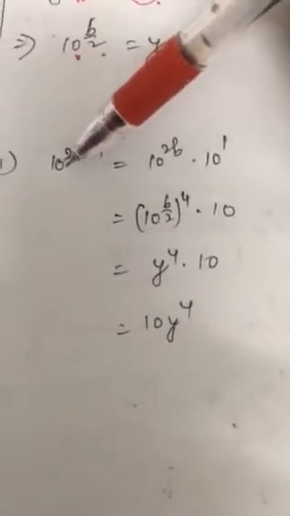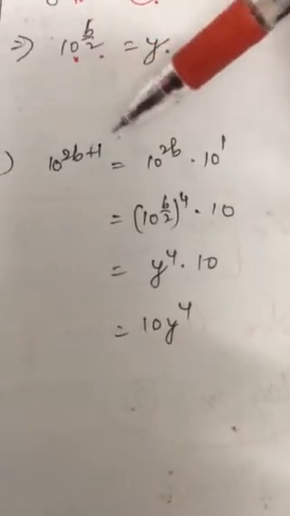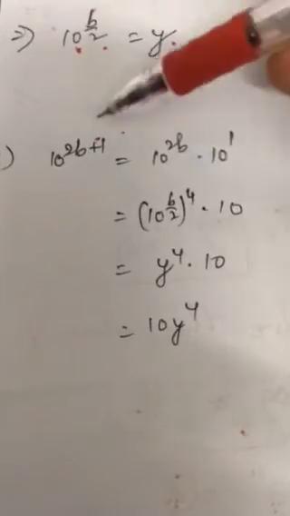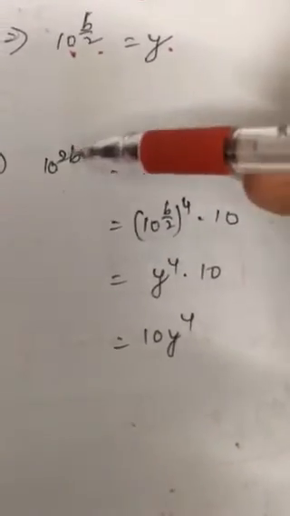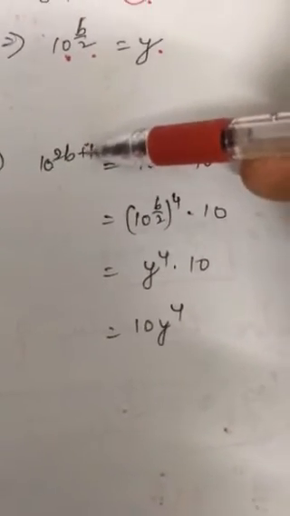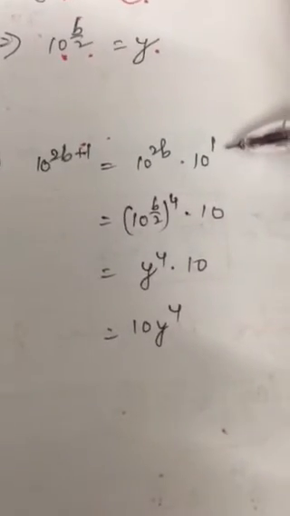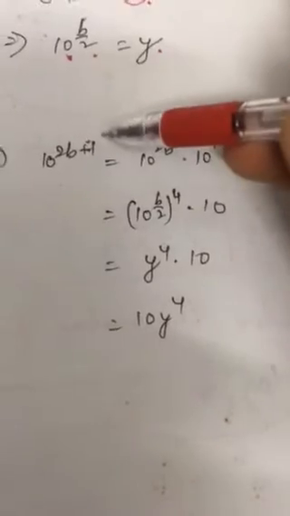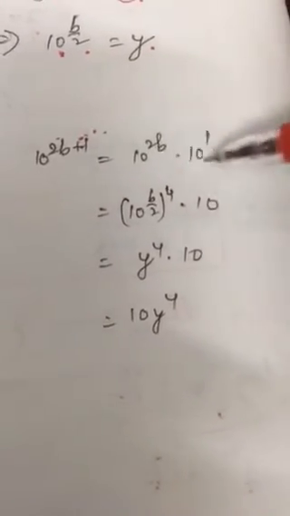In the same way, we have to write 10^(2b+1) in terms of y. First, it is an addition in the power, and in indices we have learned that when powers are added it is the case of multiplication.